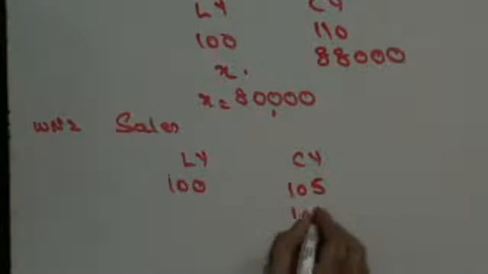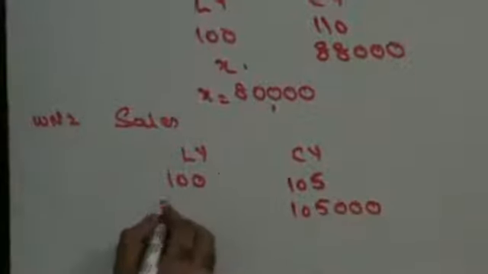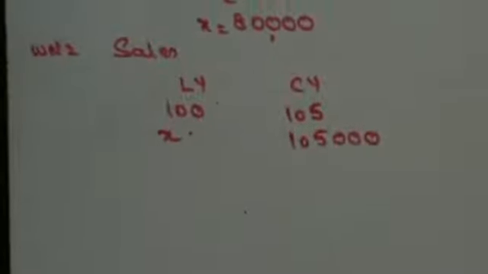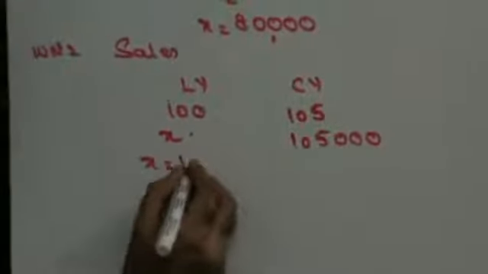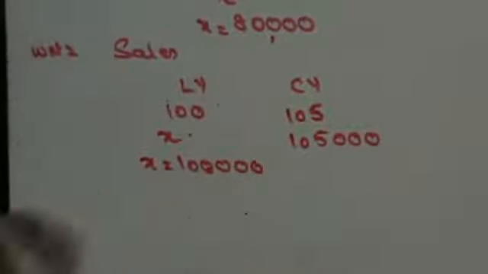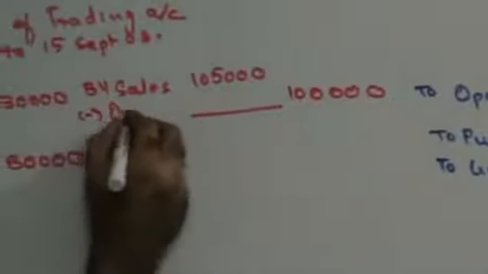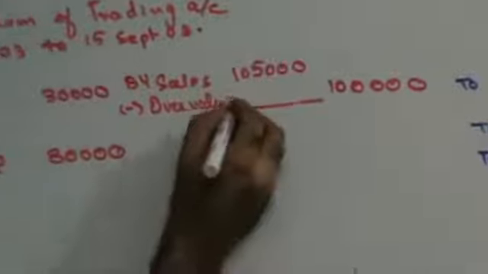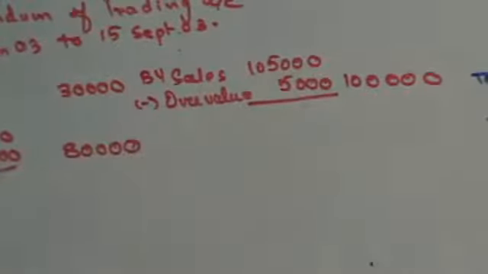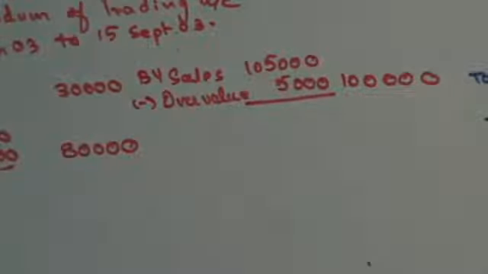In the current year, your sales are 1,05,000. So what should be your sales as per last year's records? 1 lakh. Right? So in that case, this is going to be 1 lakh less overvalued 5,000. Anything else given to you? No. Let's start tallying, guys.